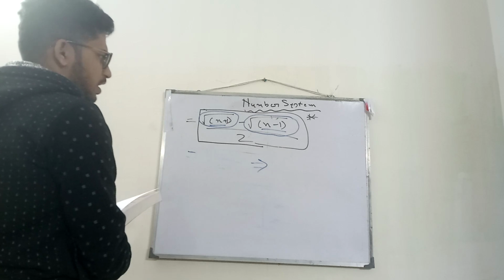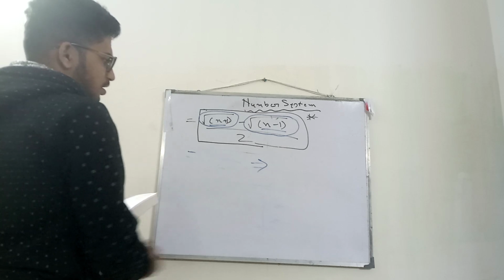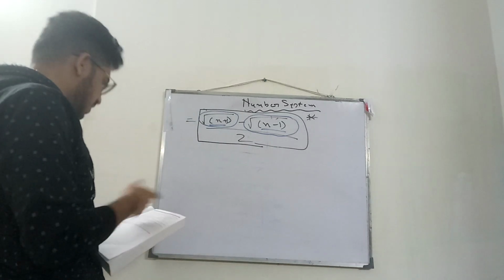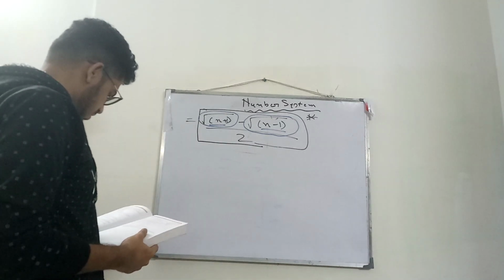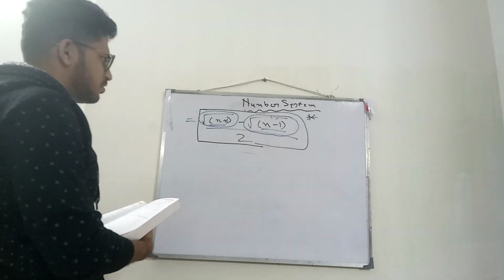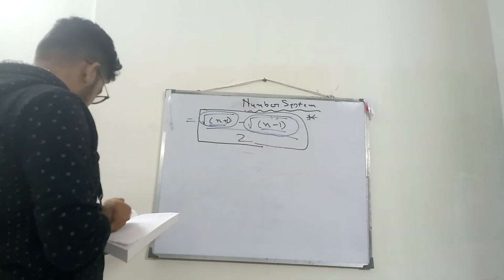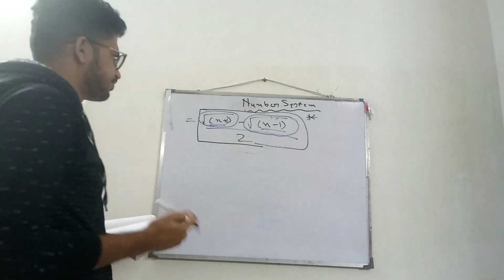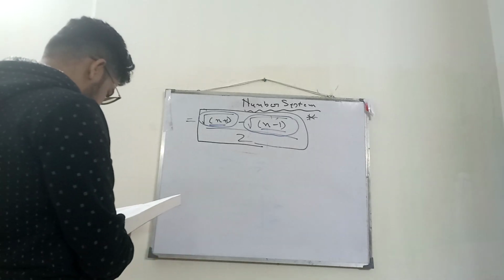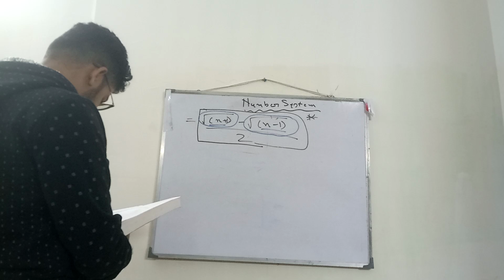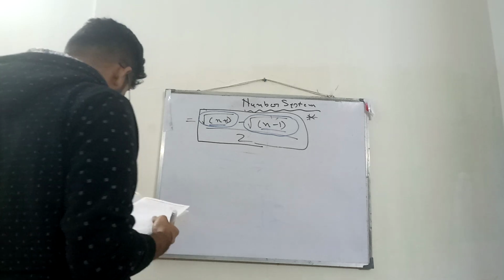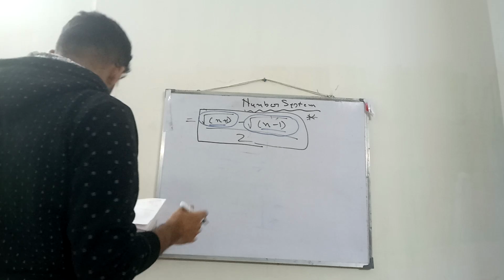A minus b by 2, and the formula is the one we have written previously. So we have nothing to do with this formula part, because a formula has its own concept.